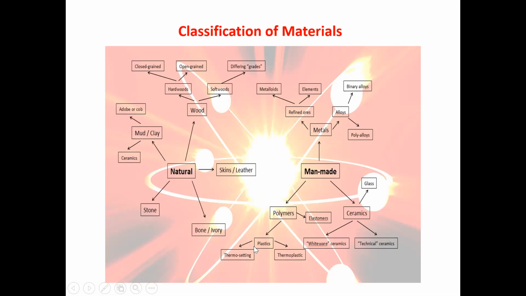In the polymers, you will see plastic and elastomers. In plastic, you have two types of plastic, thermosetting and thermoplastic. So this is all the classification of the materials, and we are supposed to understand the properties of the materials. These are all the materials whose properties we should know as an engineer, but normally we are more concentrated on understanding the properties of metals and ceramics. Somehow we go to polymers.